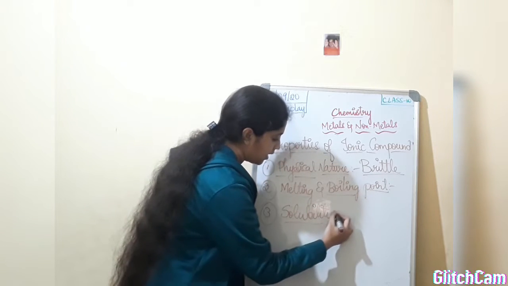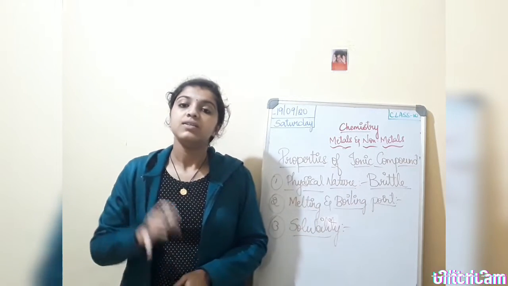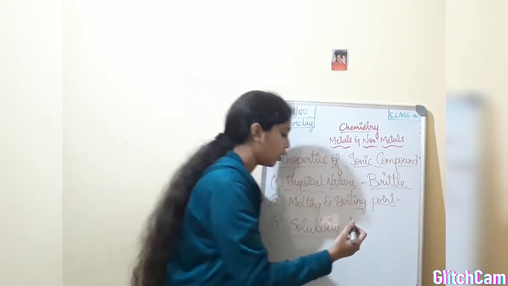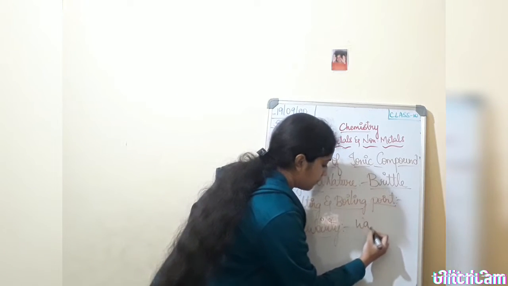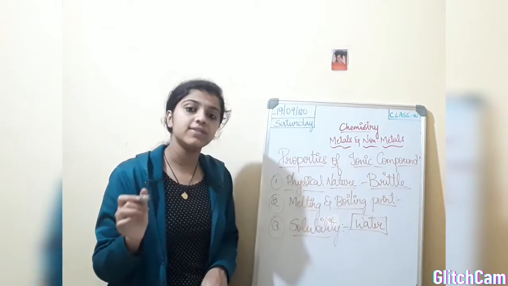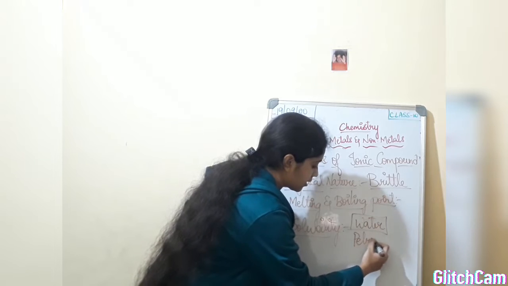Next, solubility. Ionic compounds are soluble in solvents like water, but they are not soluble in some solvents like petrol and kerosene.